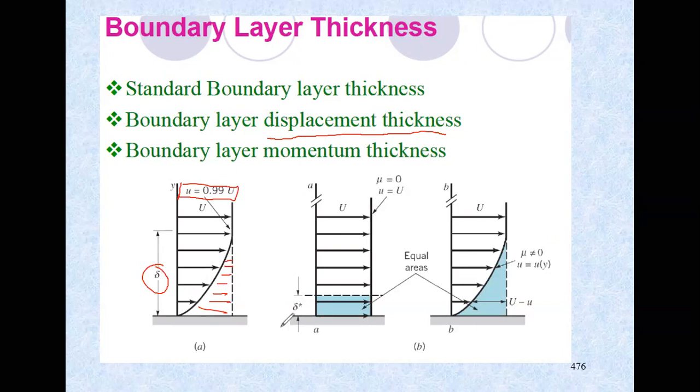You have the same amount of displaced fluid layer as the displacement thickness over here. So this is represented by equal areas over here. That's the displacement thickness, or delta star.